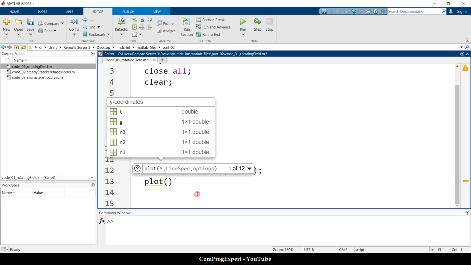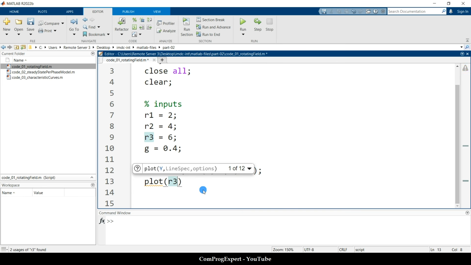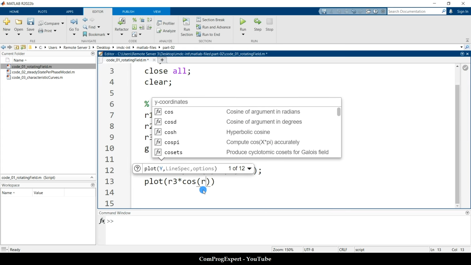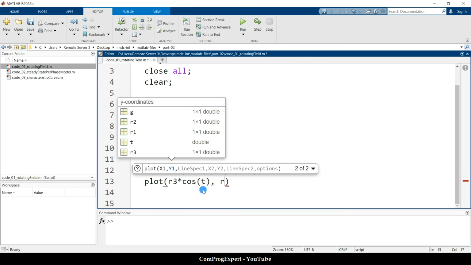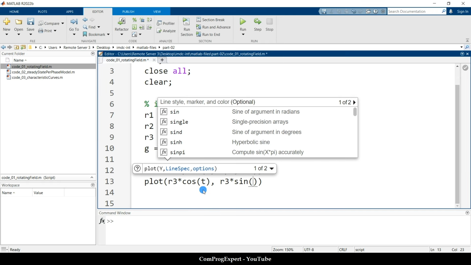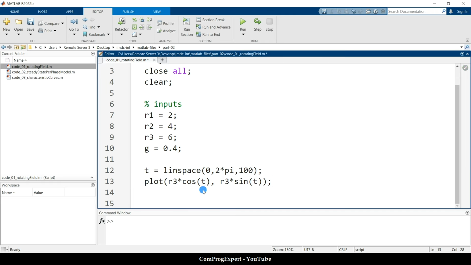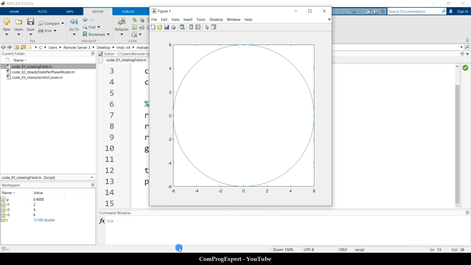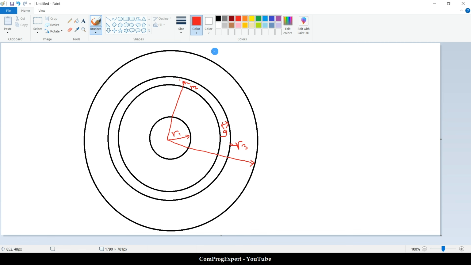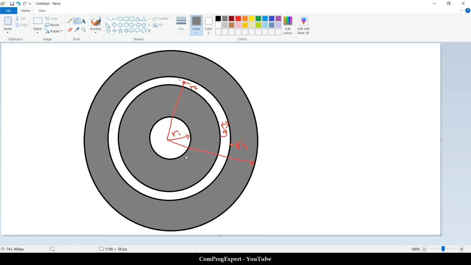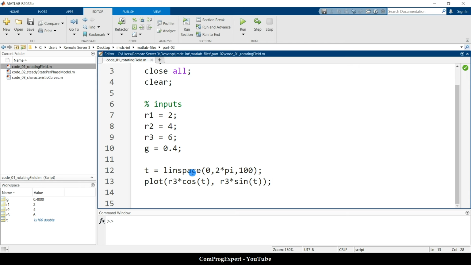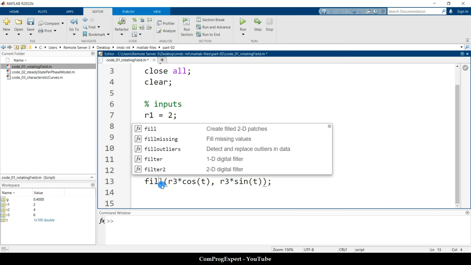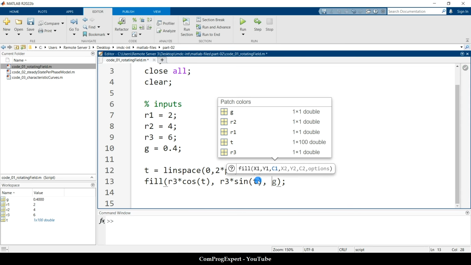So we can use the plot function to plot the outer surface of the stator: R3 times cosine of t and R3 times sine of t. If I run this code, as you can see, we have this circle, but I am going to draw circles that are filled with a color, for example, for the stator and rotor laminations. So I can use the fill function and specify a color here.